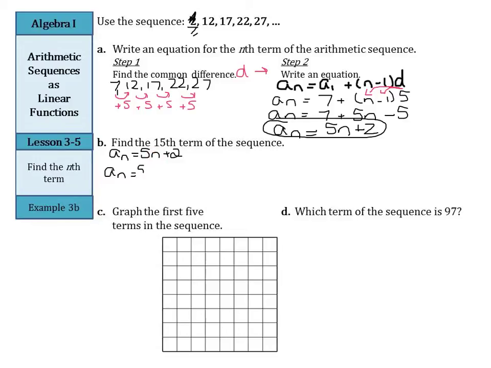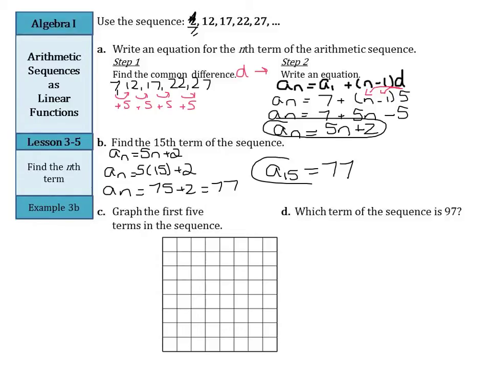That's going to be 5 times 15 plus 2. And 5 times 15 is 75, plus 2 is 77. So our 15th term, a_15, is 77.